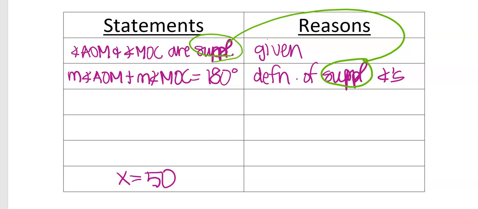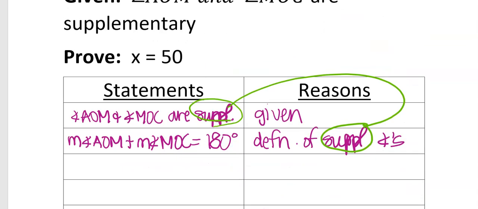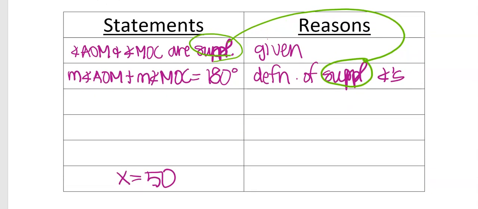Now, with this one, this must have been O at the beginning, was it? Yeah, it was O. I just didn't write it in there. So this is O right here. So AOM is 2x plus 30. I'm going to substitute that in. So I'm going to put a 2x plus 30 in place of that one.